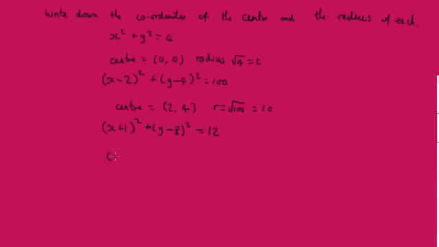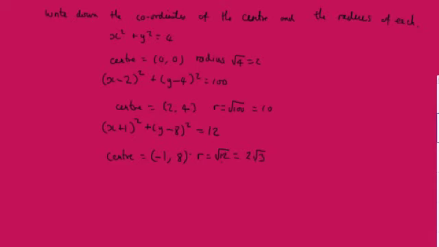So here the centre is going to be, this is a positive plus 1, so that means the centre must be minus 1, and the y coordinate will be 8, and the radius r is going to be the square root of 12, and we can write that as a surd, so it'll be 2 root 3. So when it's a square root like this, put it into its simplest form as a surd.